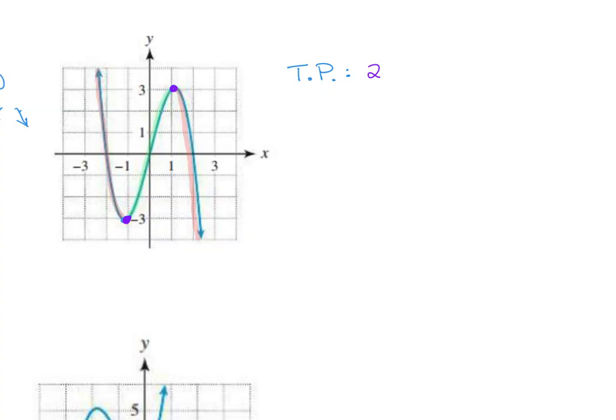All right. The next thing we want is, what are the x-intercepts? For x-intercepts, we have 3 x-intercepts. We have one at (-2, 0), we have one at (0, 0), and we have one at (2, 0). We want to know, is the leading coefficient positive or negative?